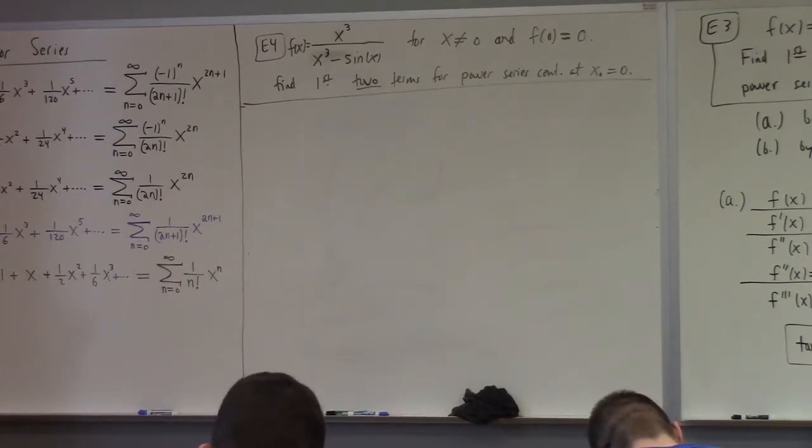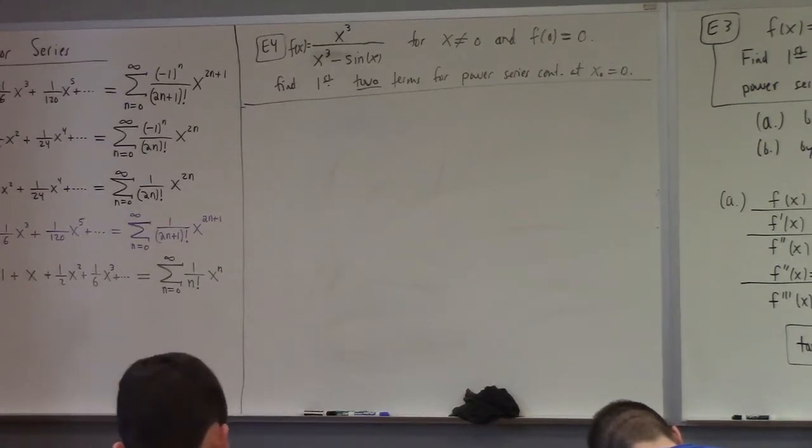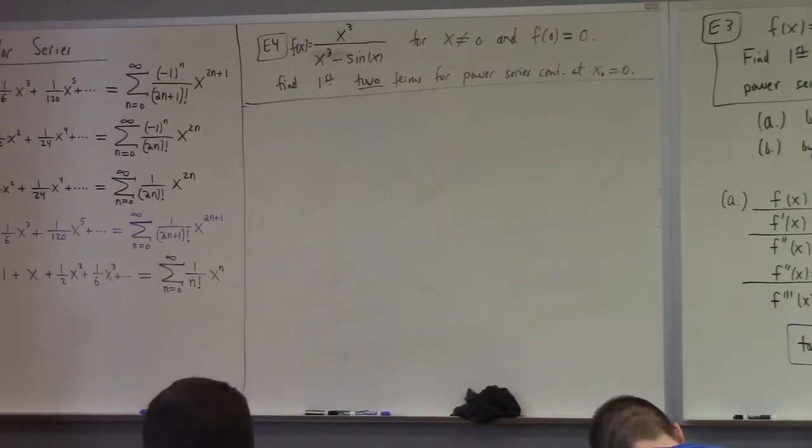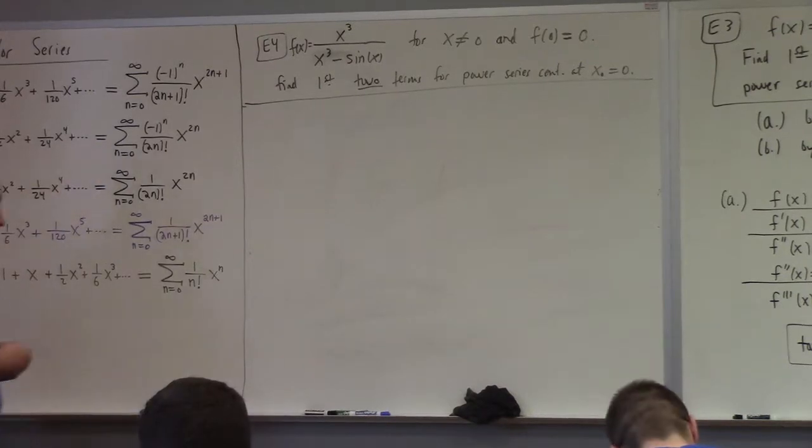You're going to have a lot of trouble doing the calculation in the style of part A of the last one. You really need to use series calculation here to answer the question.